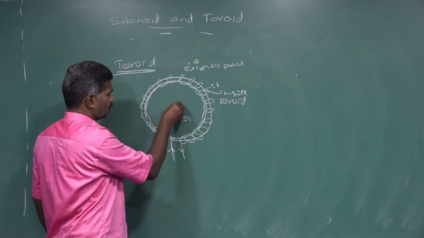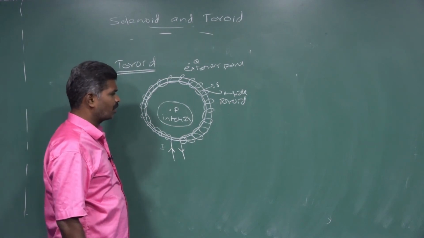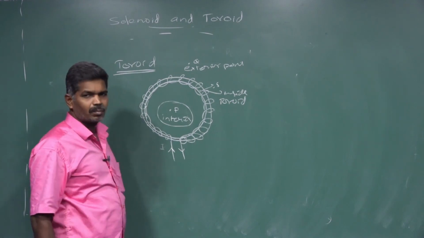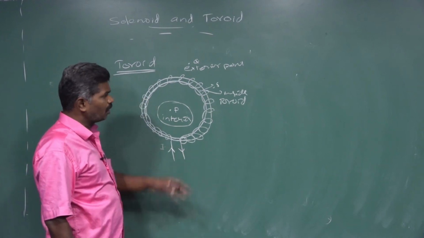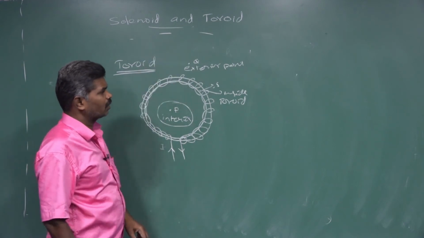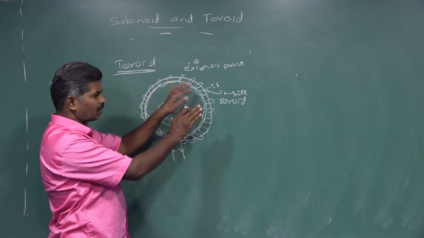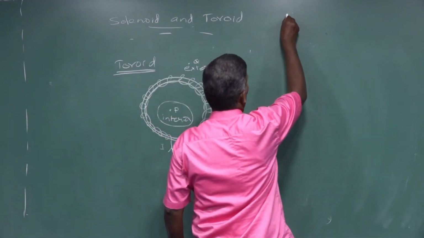So we are going to find the interior magnetic field of our toroid using Ampere's Circuital Law itself. And what about the magnetic field at the exterior point as well as inside the toroid? Three cases we are going to tackle. There, case 1.